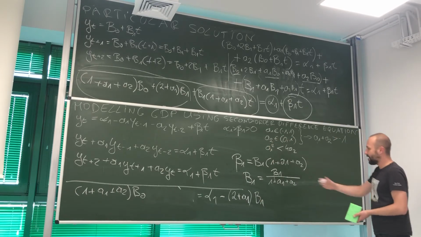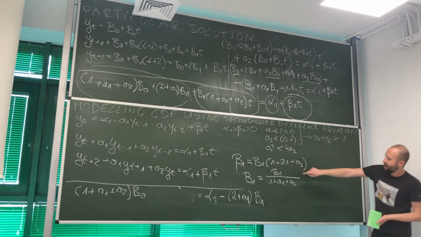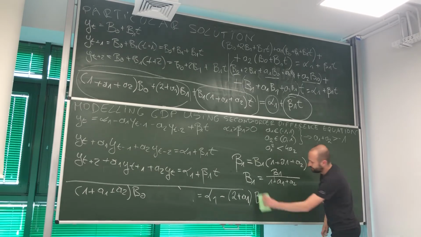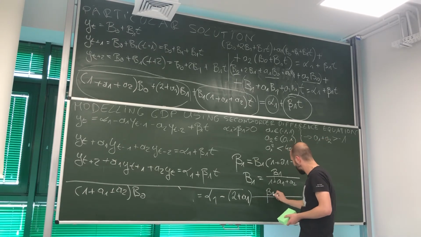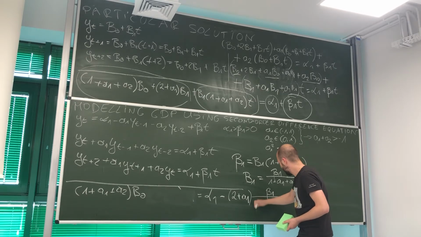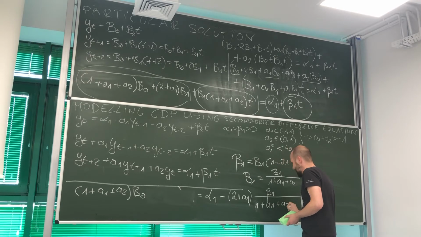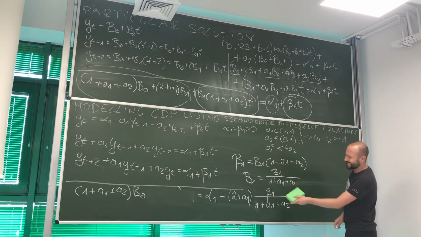But look, now we know how much is b1. b1 is beta 1 over 1 plus a1 plus a2.